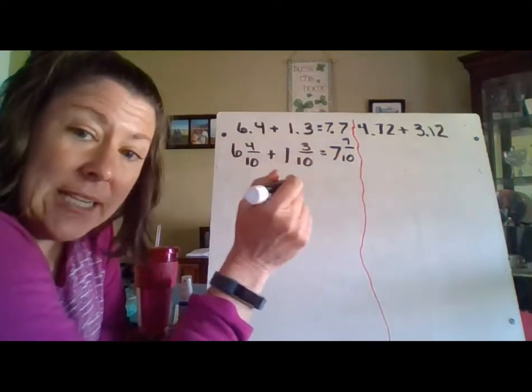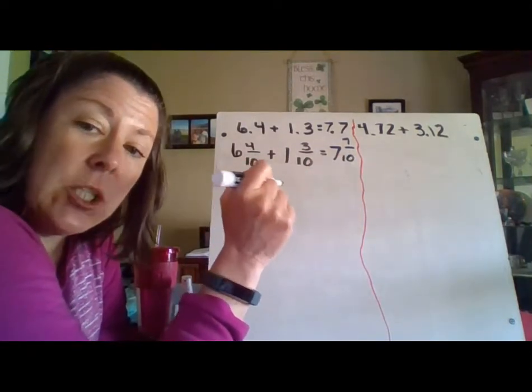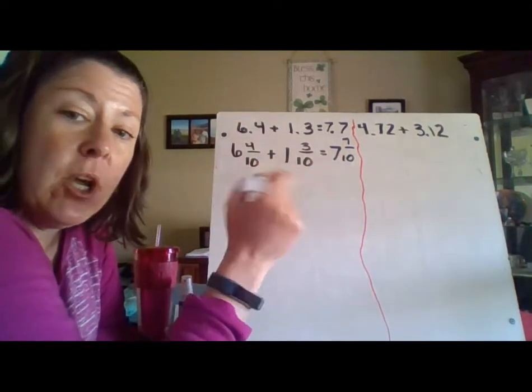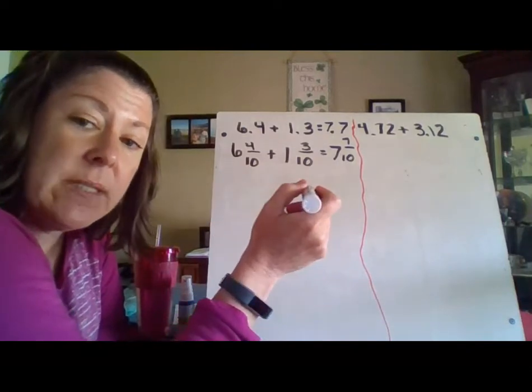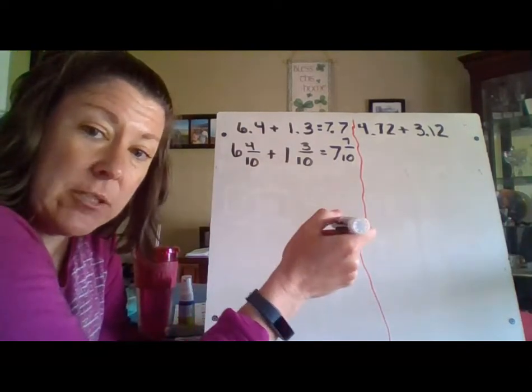So the next one, I have 4.72 plus 3.12. 4 and 72 hundredths plus 3 and 12 hundredths.